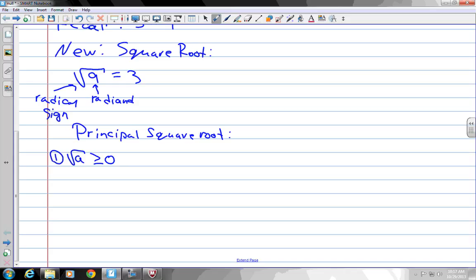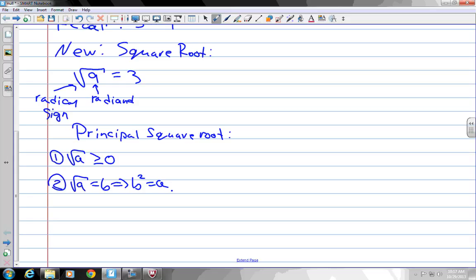So the square root cannot produce negative results. And 2, square root of a equals b implies that b squared equals a. So the square root has to meet these two definitions.